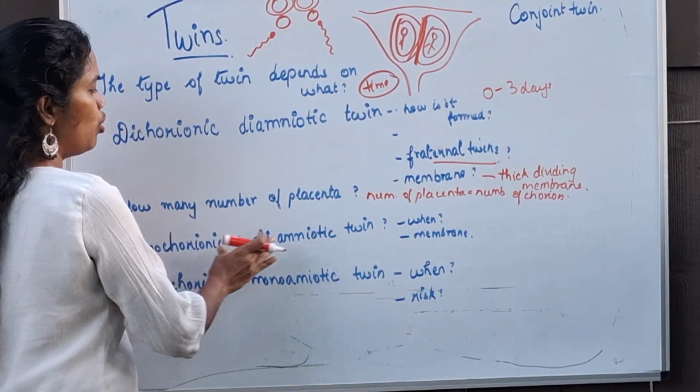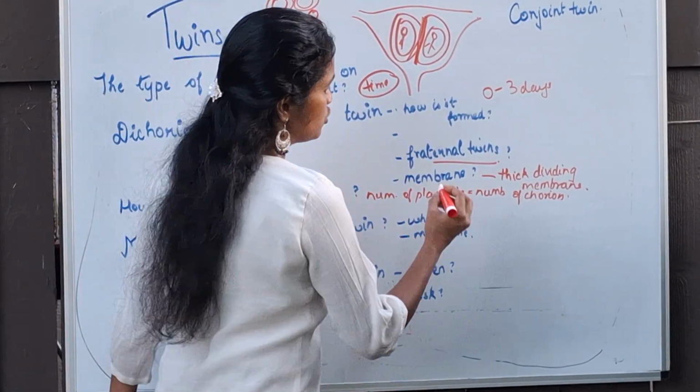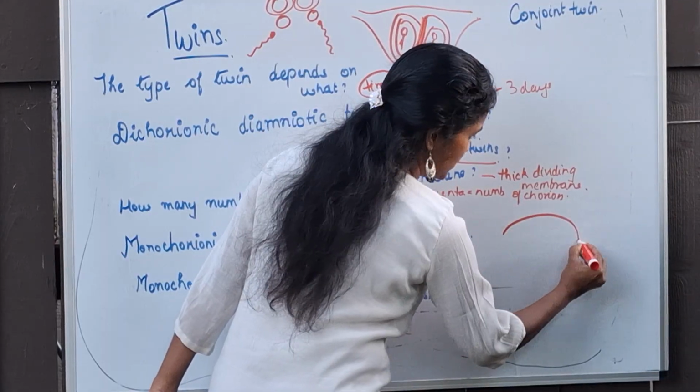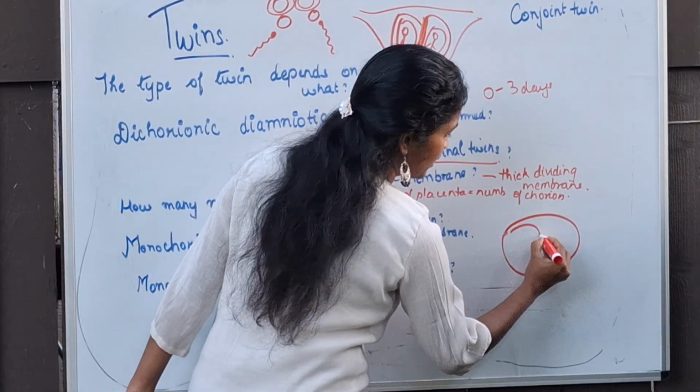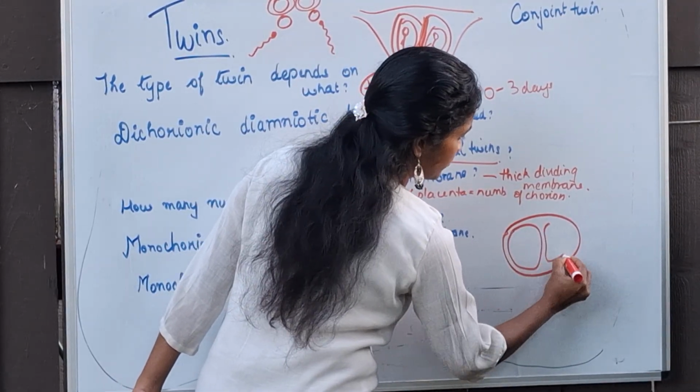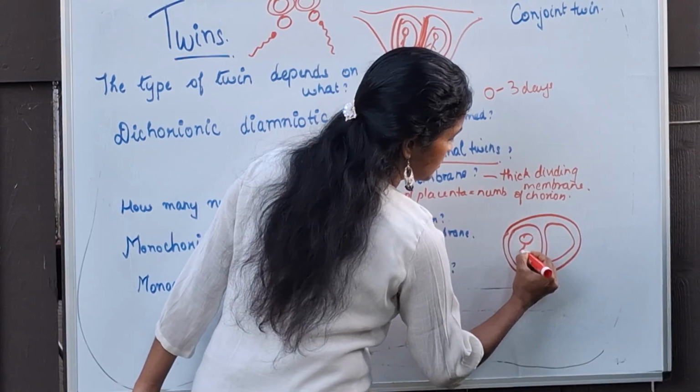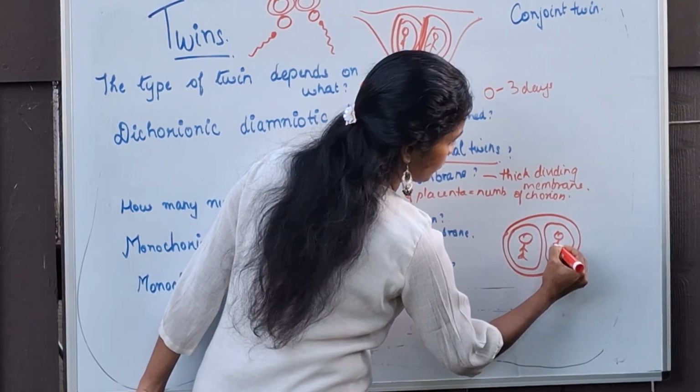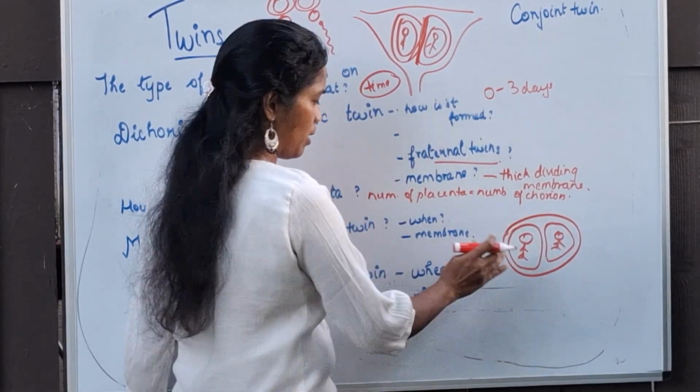What do you know about monochorionic, diamniotic twins? In that case, we have one single chorion, but there are two amnions within it, and we have the twins. So this is monochorionic, diamniotic.